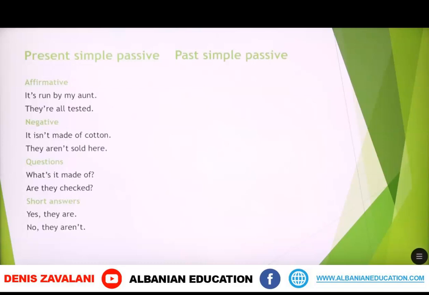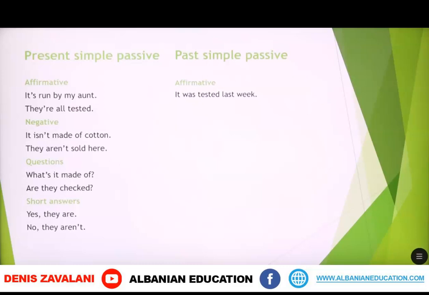Let's continue with past simple passive voice. The affirmative form. We can see examples here. It was tested last week. If we analyze and compare it with the present simple passive voice, we see that the only thing that differs here is the auxiliary verb.